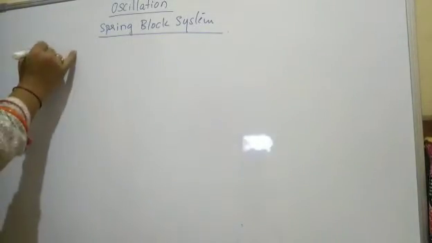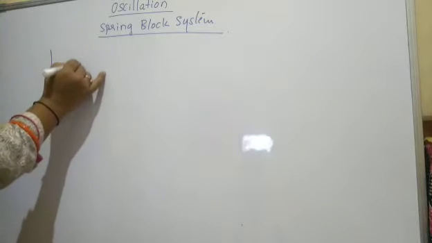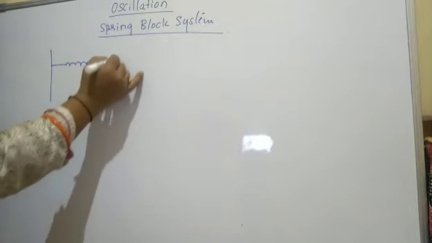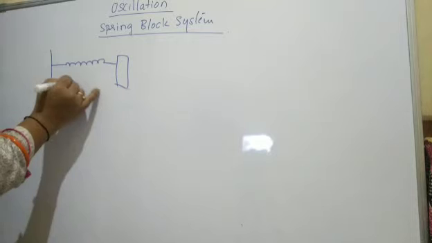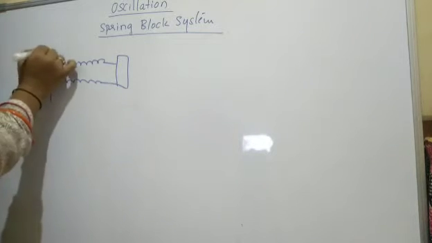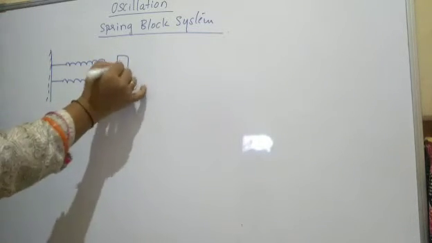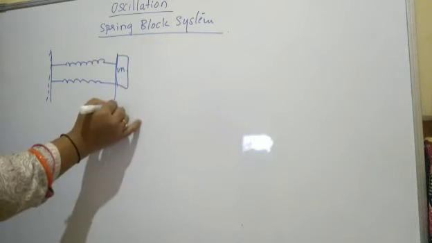So if you attach the same block of the same mass to two springs here, this is the mean position.